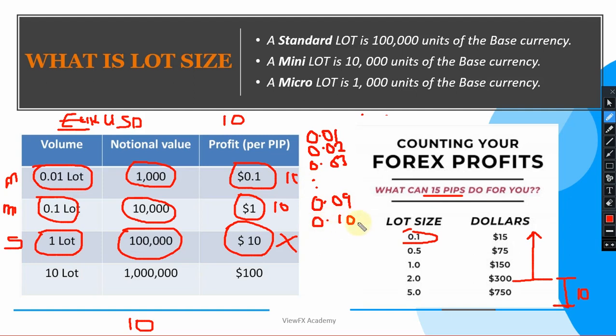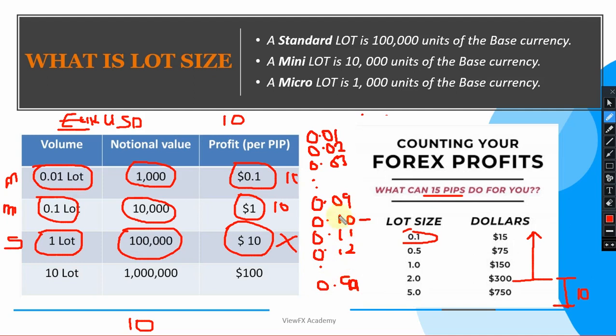That means you have now entered the mini lot size. You start from micro, 0.01 to 0.09. Then when you get here, you enter the mini. Then the mini runs like this: 0.11, 0.12, till you get to 0.99.